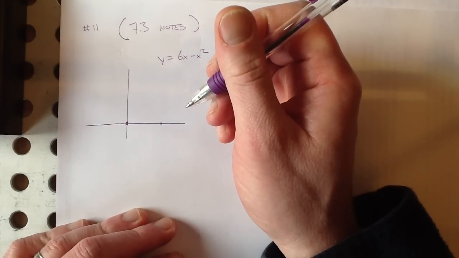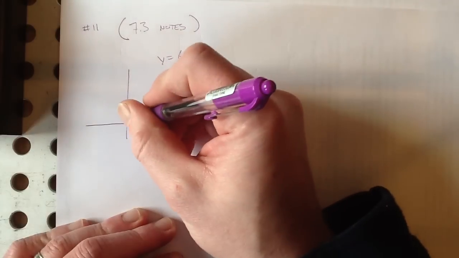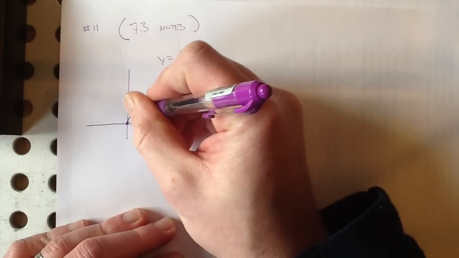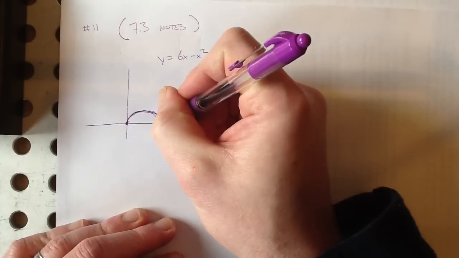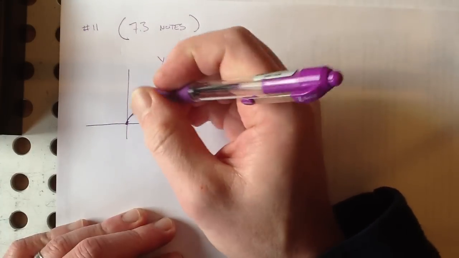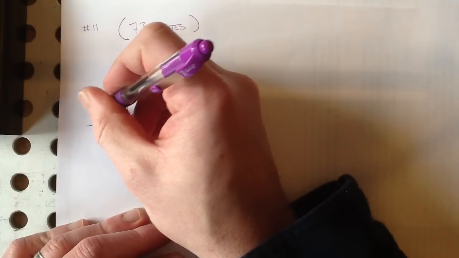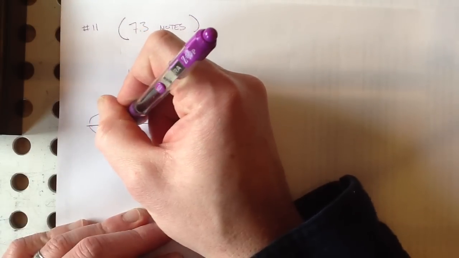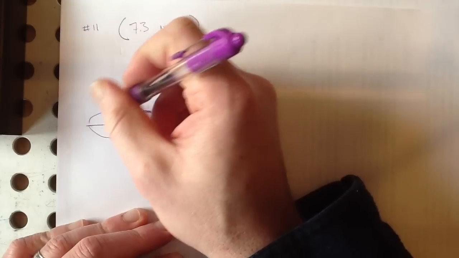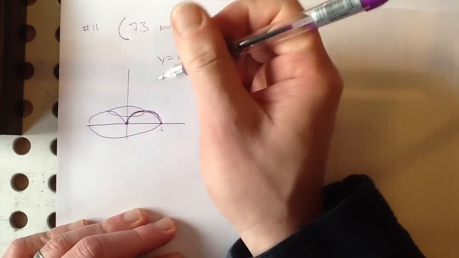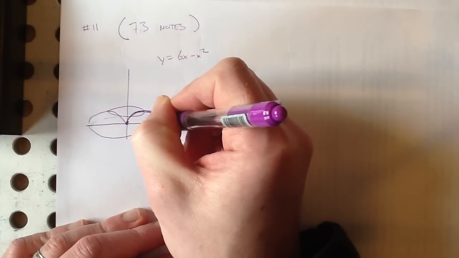Oh sorry, it's upside down, so it'll be like this, right? Setting that equal to 0, we find the intercepts are at 0 and 6. If we rotate that around the y-axis, we get something that looks like a bundt cake pan, sort of like a coffee cake shape.